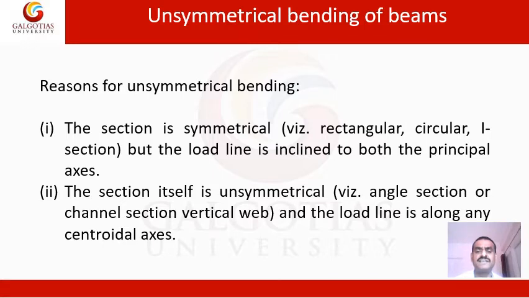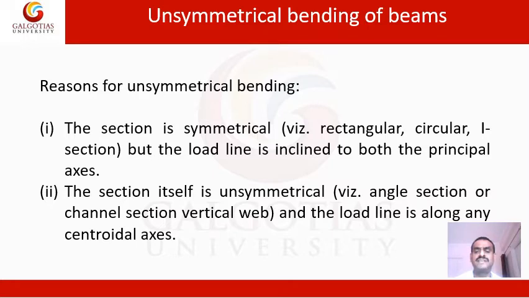The second case where unsymmetrical bending occurs is when the section itself is unsymmetrical and the load line is along any of the centroidal axes. For example, cross sections like angle section or channel section.